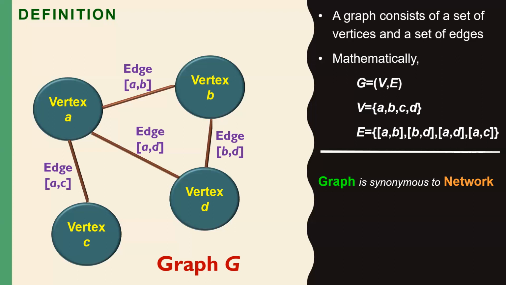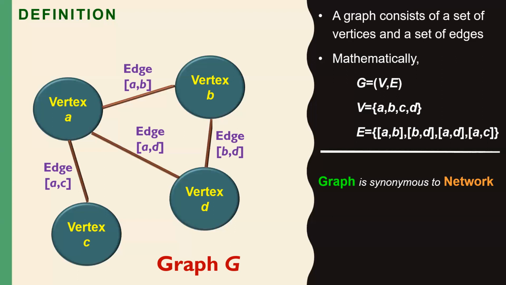A graph is synonymous with networks because graphs are usually the mathematical objects used to represent networks. What do we mean by networks? Essentially, things that are connected to each other. So the vertices will represent the things that you want to look at the relationships of, and an edge between two nodes in the network.